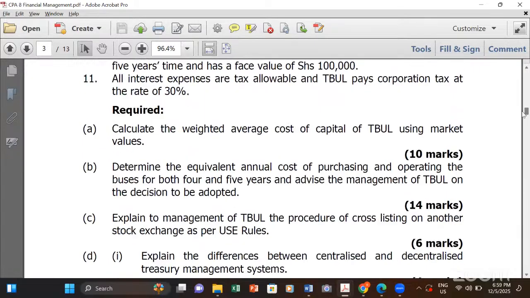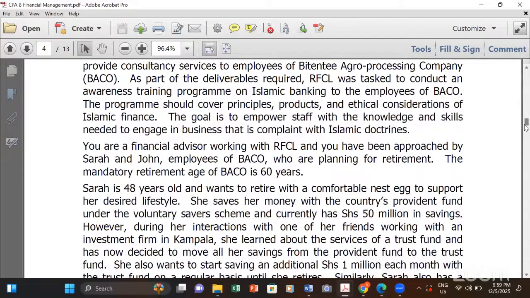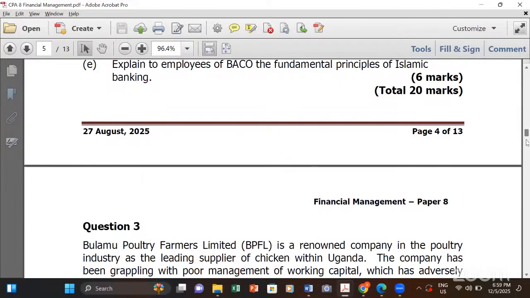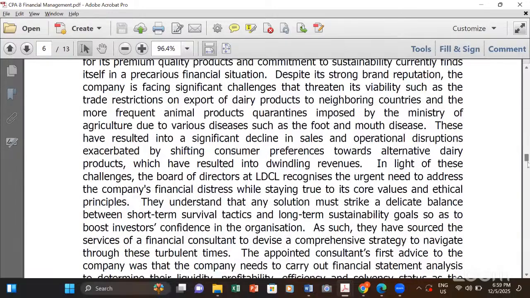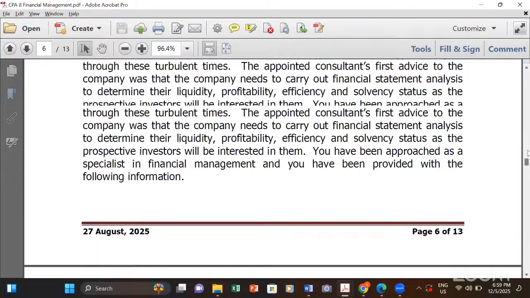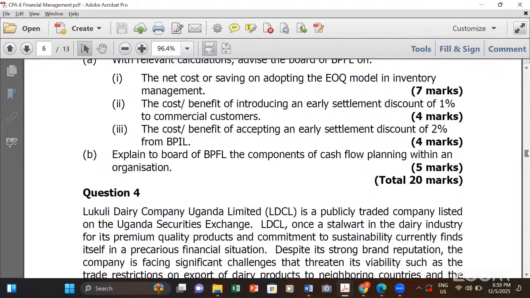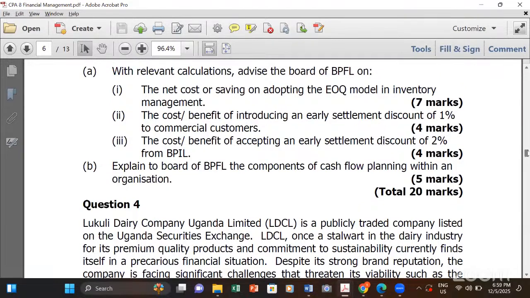I think it was question 4. Let's do that paper. In just 20 minutes, we can do it and then analyze it, and we see in which other way they can bring this.